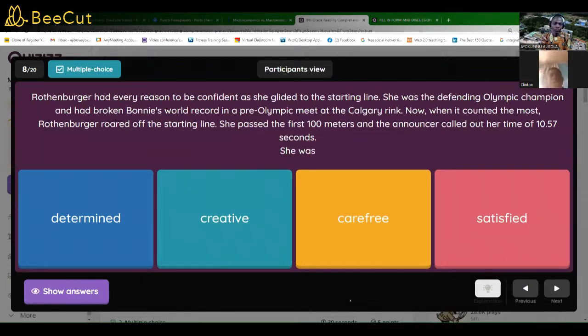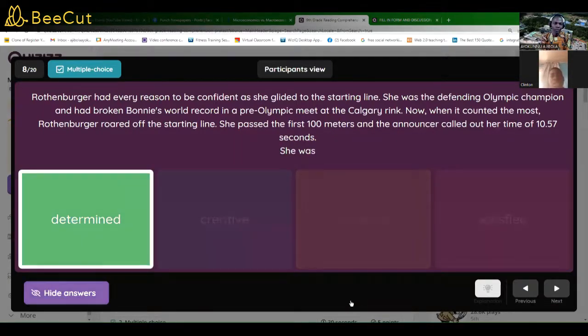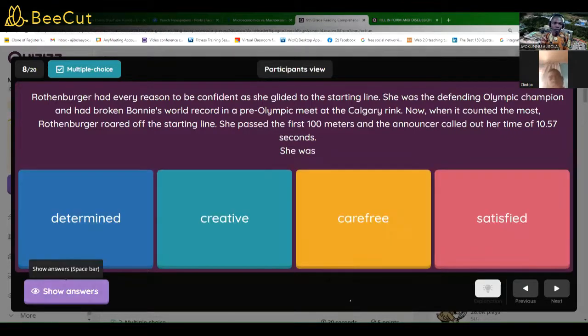Why could determined be the answer? He said Rothenberger had every reason to be confident as she glided to the starting line. She was the defending Olympic champion and had broken a lot of records, had broken Bonnie's world record in a pre-Olympic meet at the Calgary rink.